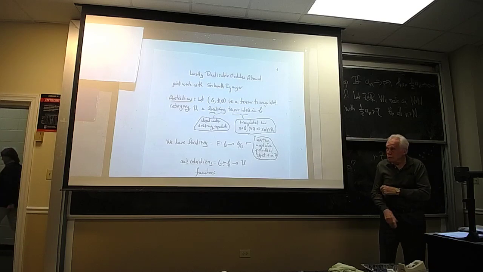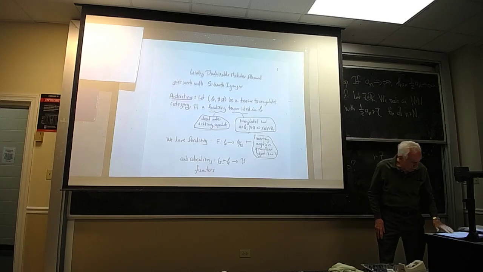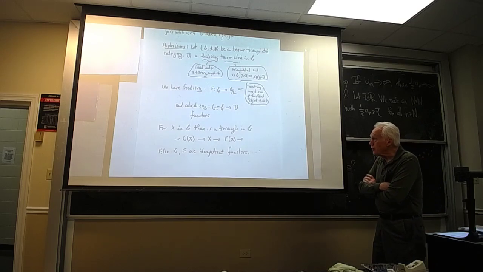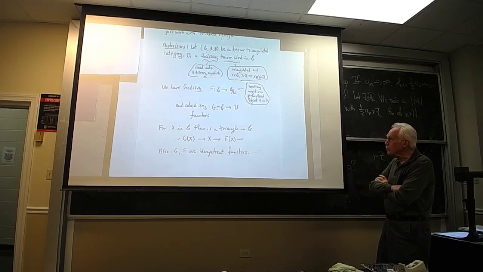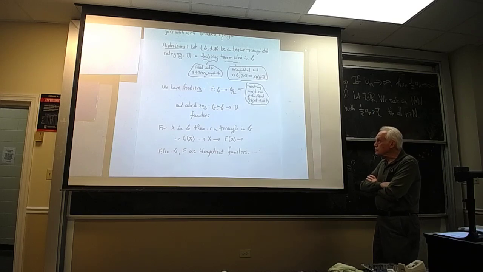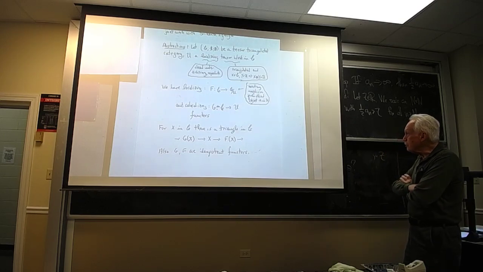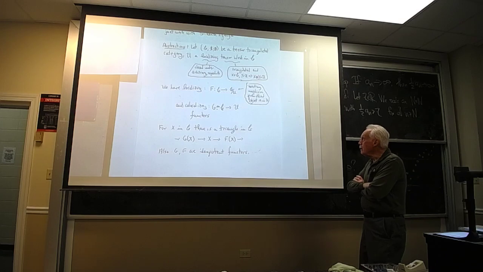Okay. Now, when we've got this, we have two functors. What we call a localizing functor, F, takes C into the quotient category, the Verdier quotient, or Bousfield's quotient, if you like.